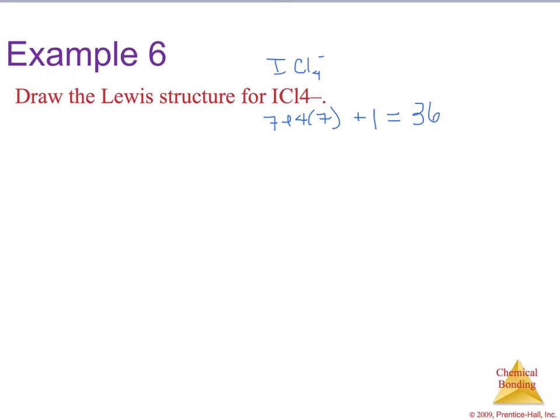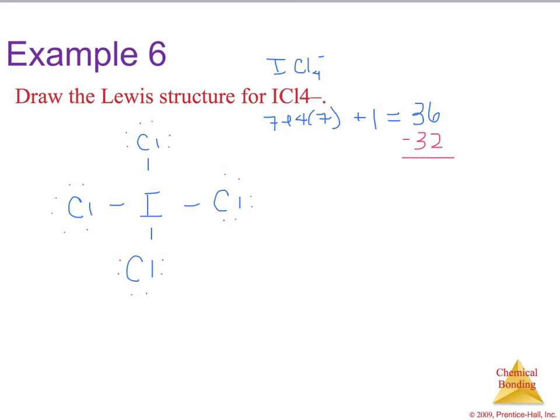Our iodine atom is going to be our central atom, and we're going to have chlorines coming off in each direction. By putting 4 electrons around all of the chlorines, that's going to give us 32 electrons.